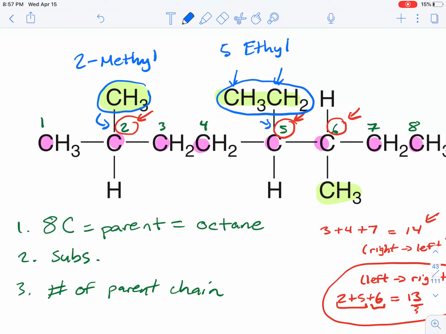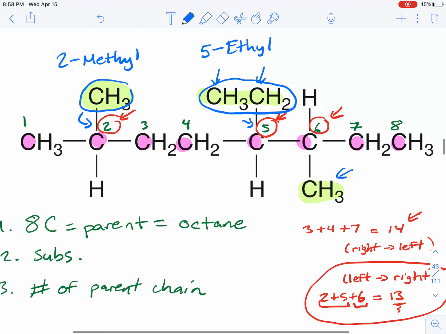So I have to say 5-ethyl. The 5 doesn't mean that you have 5 ethyls, it just means that the ethyl group is on carbon number 5 on the parent chain. And then last but not least, here you have a methyl again, and this time it's on carbon 6. So you're going to say 6-methyl.